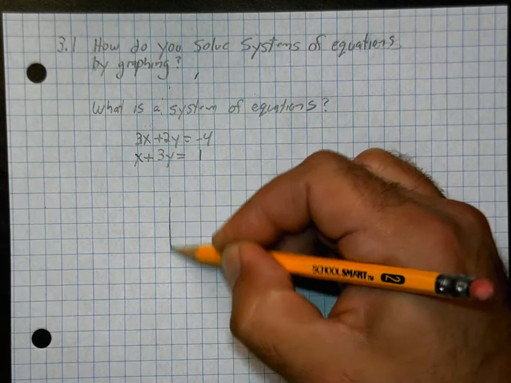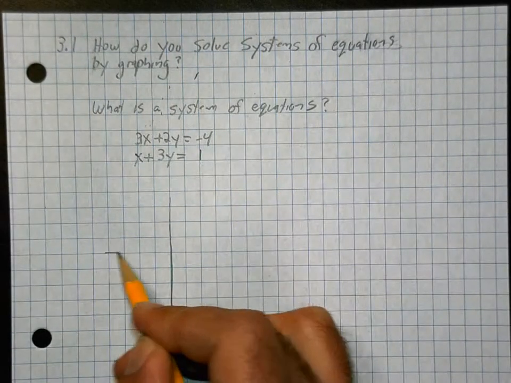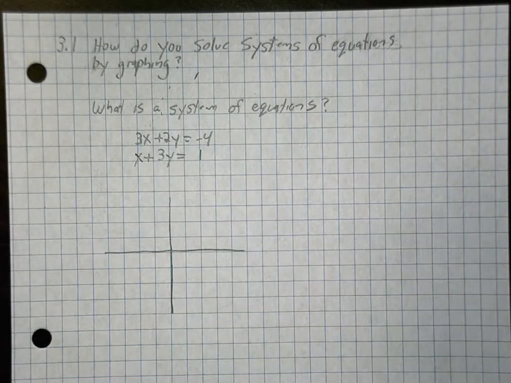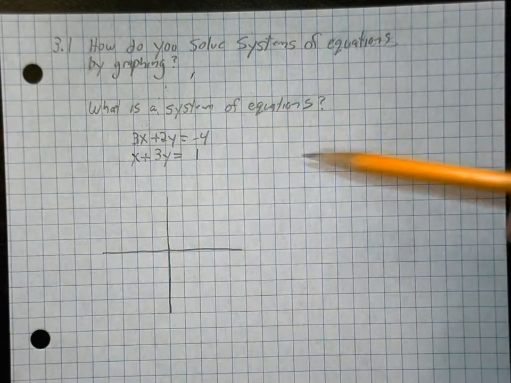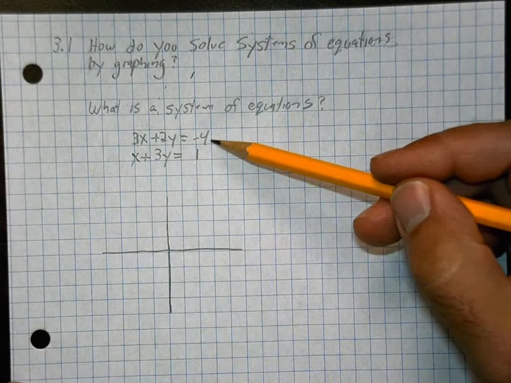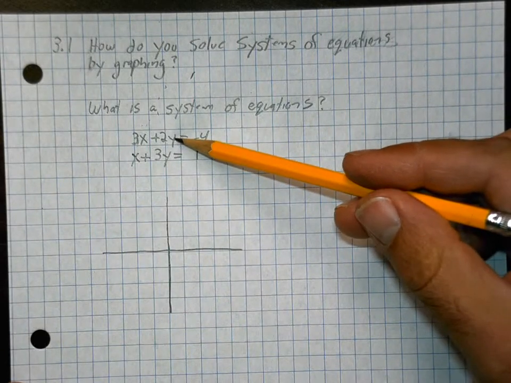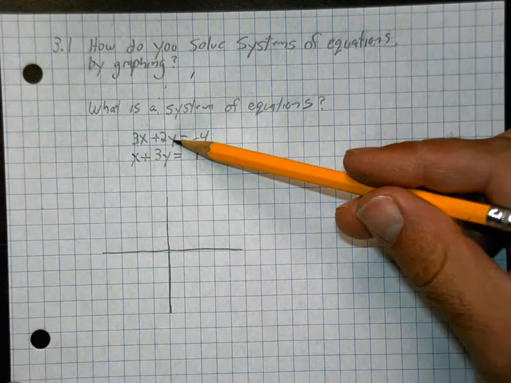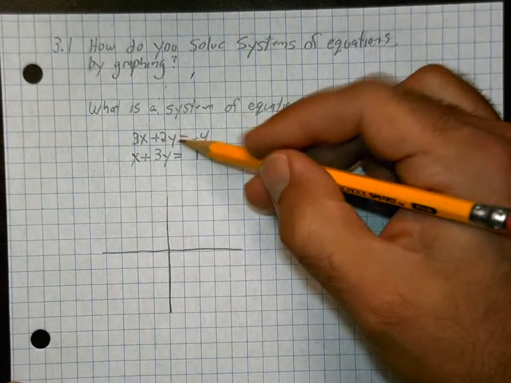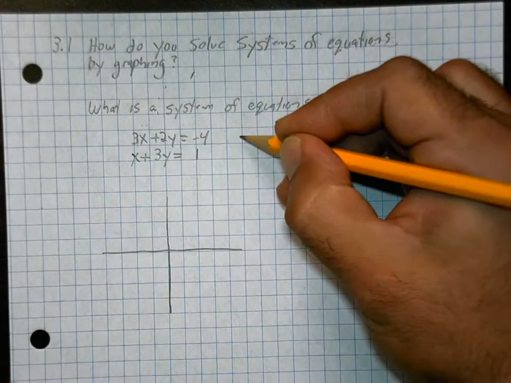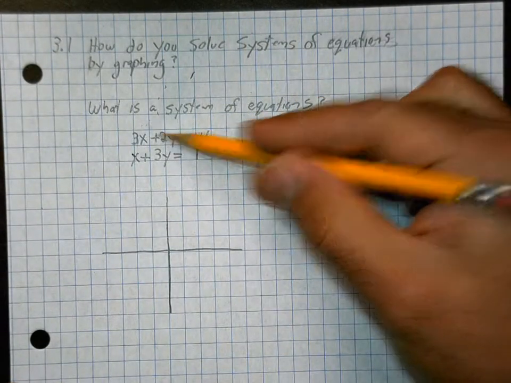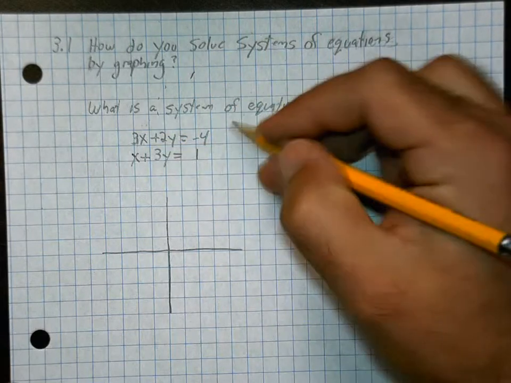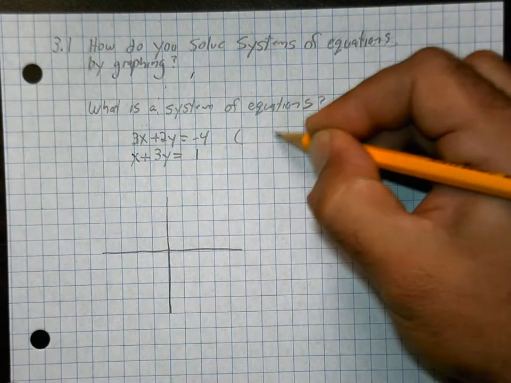So let me make my x-y axis and let's graph. Let's start with the top one, 3x plus 2y equals negative 4. We could solve for y and do slope-intercept, or we could graph it by finding intercepts. Because it's in standard form, let's just find intercepts.